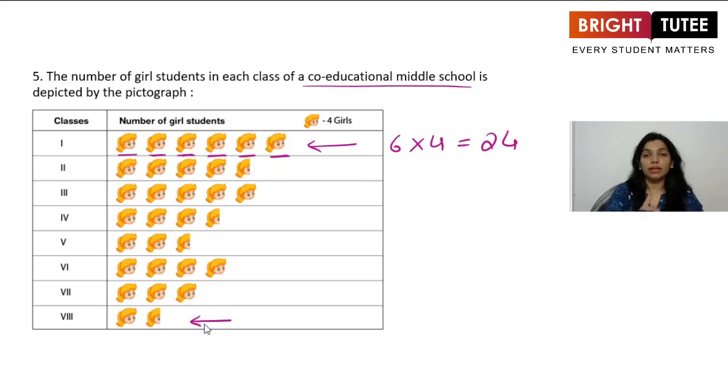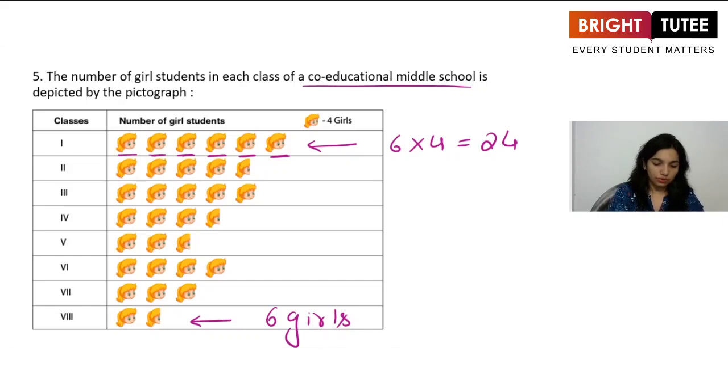I see 1.5 images of a girl's face. So 1 image means 4 girls. Half face means 2 girls. I'm sorry, it is 4 plus 2, that is 6 girls. Roughly we have got here.